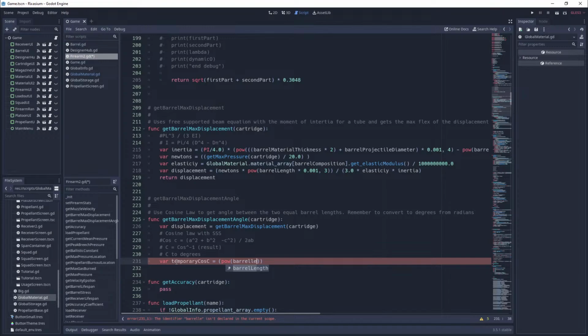So the max displacement, that's going to be in meters, if I'm not mistaken. So I'm not sure if we should divide it or multiply it. I don't know which one gives more error.